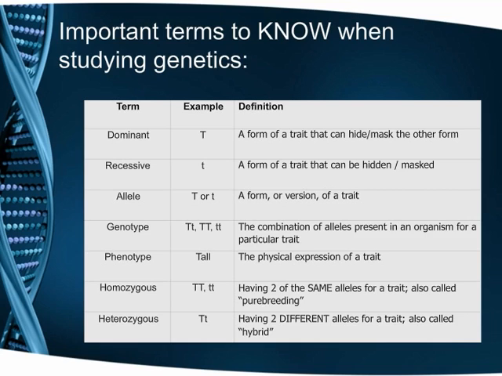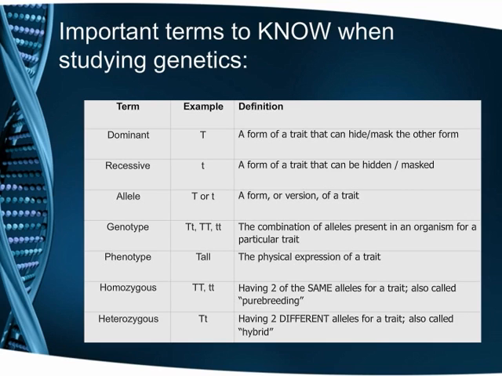Allele is one of these two forms of a trait. We're using the letter T, so an allele would be either big T or little t, and it is defined as a form or a version of a trait. The word genotype is the combination of alleles that are present in an organism for a particular trait.